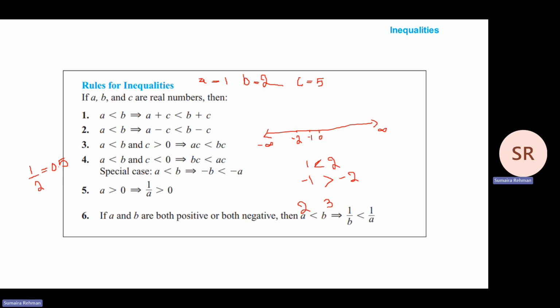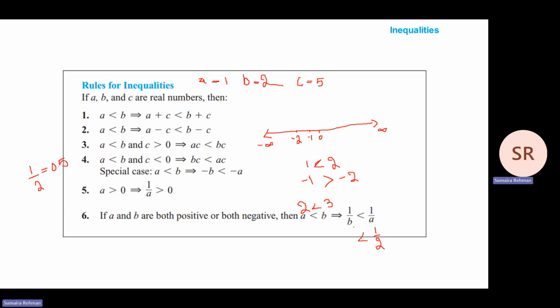Now, what we are doing here is taking a as strictly less than 3. But what will happen when we take the reciprocal of these numbers? Here, 1 upon 2 will be what?